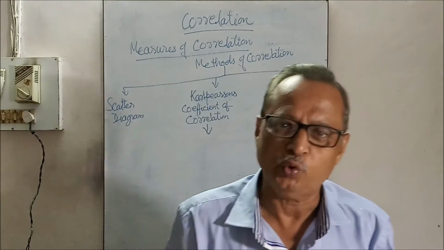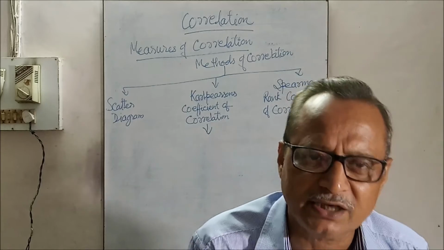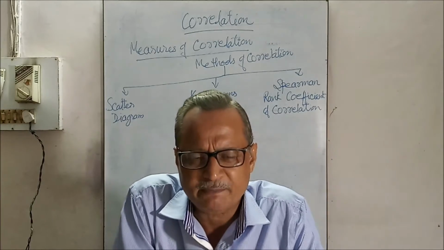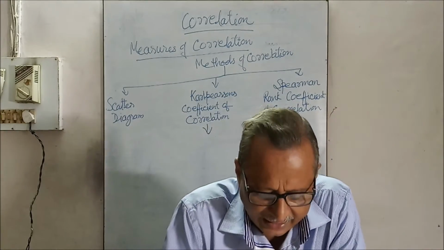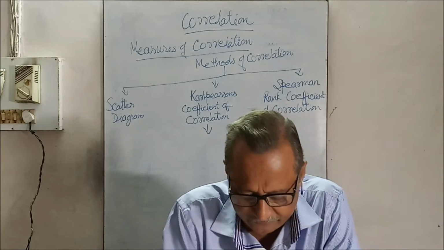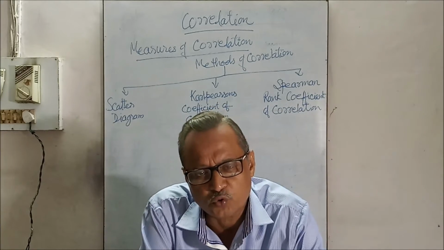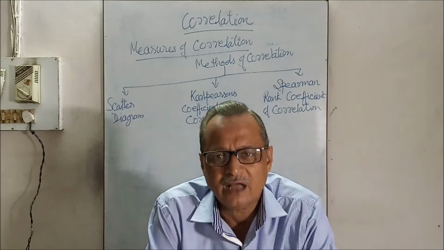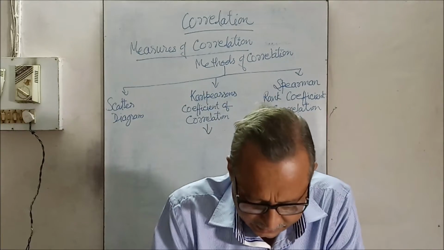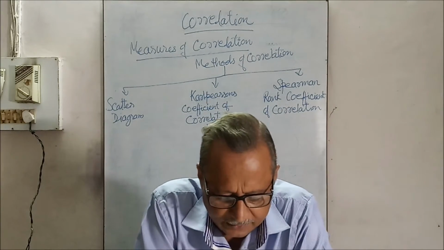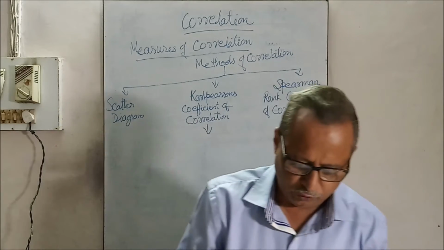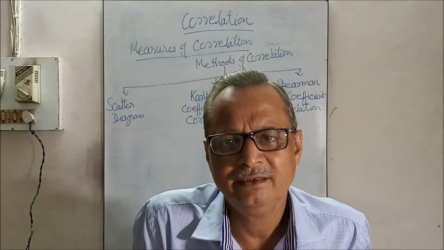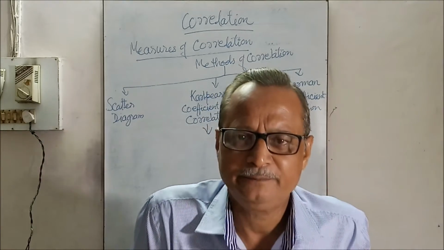Who was Karl Pearson? Karl Pearson was a very prominent British mathematician, and he has given the mathematical method of calculating correlation. So it is also called Pearson's coefficient of correlation. How is it calculated? Karl Pearson's method can be used to measure correlation in the case of both individual series and group data.